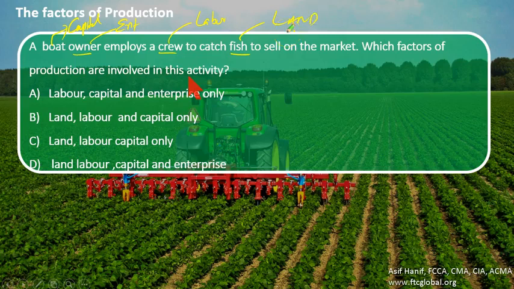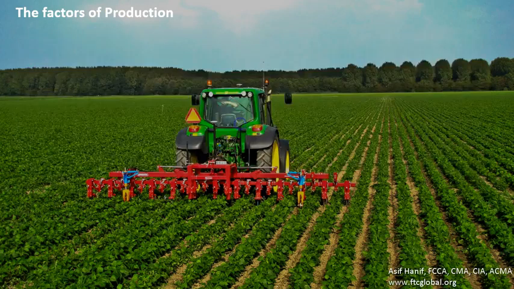So interestingly, in the single question, we have capital, we have entrepreneur, we have labor, we have land. So all four factors of production are involved: land, labor, capital, and enterprise. So that makes D the correct option, and D it is, as you can see. Next.